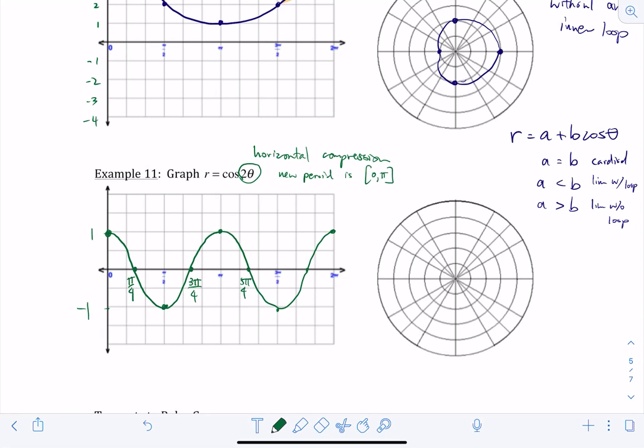And between 3 pi over 2 and 2 pi is 7 pi over 4. So I could even label these angles for you. So this is pi over 4. This is 3 pi over 4. This is 5 pi over 4. This is 7 pi over 4.